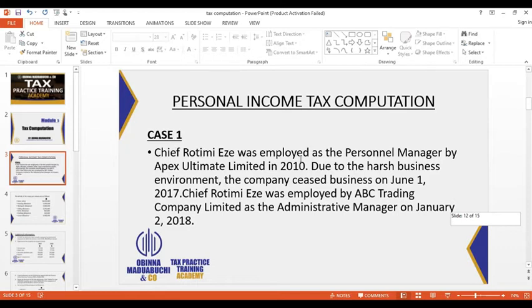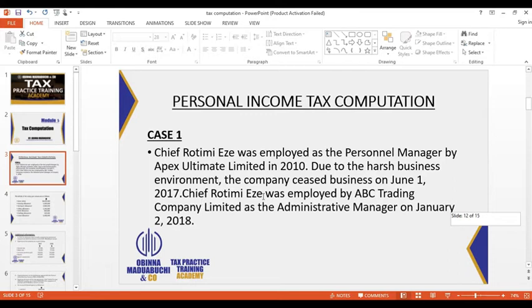So, looking at this case study, you will understand the impact of what I'm saying. Chief Rotimi Eze was employed as the personnel manager by Apex Ultimate Limited in 2010. Due to the harsh business environment, the company ceased business on June 1st, 2017. Chief Rotimi Eze was employed by ABC Trading Company Limited as the administrative manager on January 2nd, 2018.